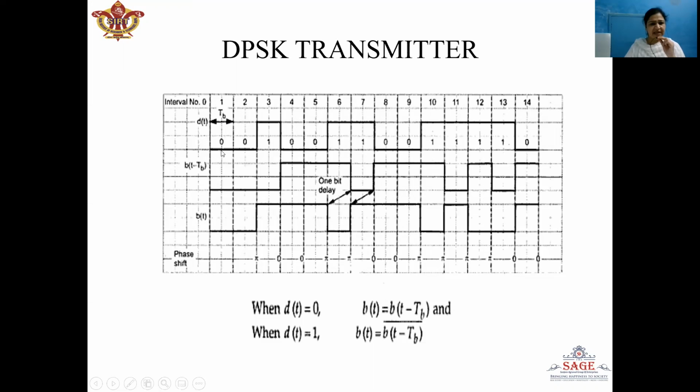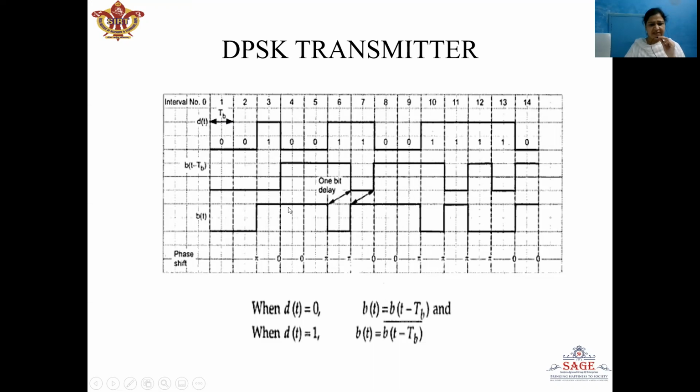Here BT is given as the XOR of DT and BT minus TB. So here we can see when both DT and BT minus TB are 0, BT is 0 since it is the XOR of these two. But when DT is 1 and BT minus TB is 0, in that case BT is high because it is given as the XOR of the two.